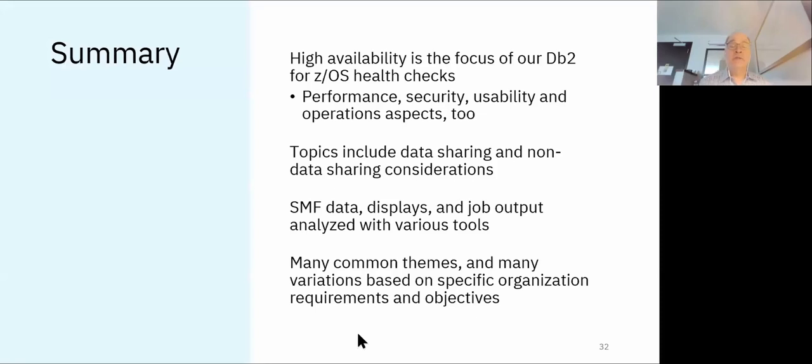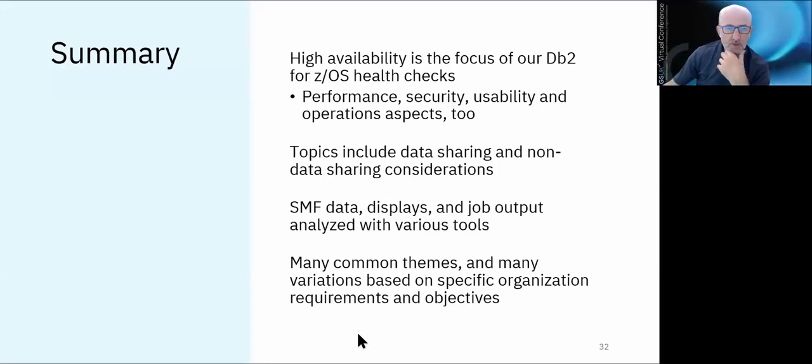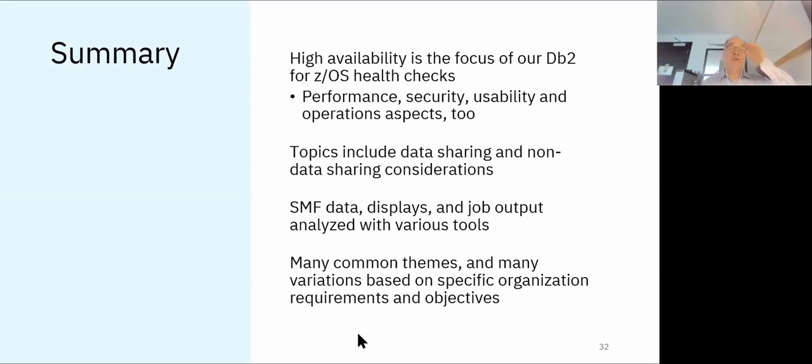Okay. That was our last question. Okay, super. So just to summarize, our DB2 for z/OS health checks focus on high availability. But because of the nature of the environment, and its complexities, we do look at some performance, security, usability, and operations aspects, right?